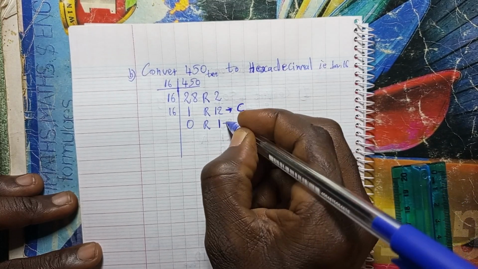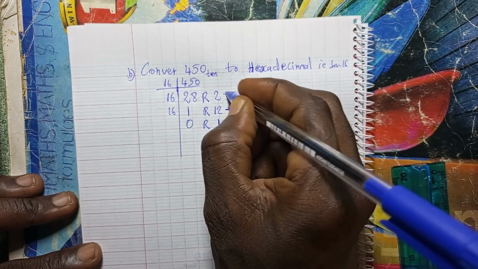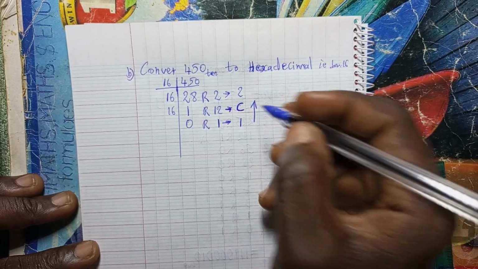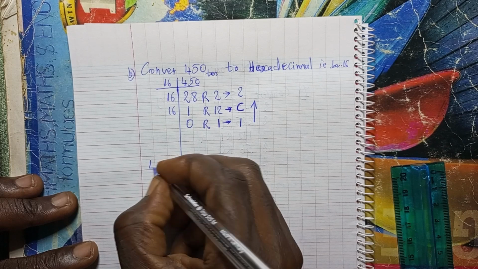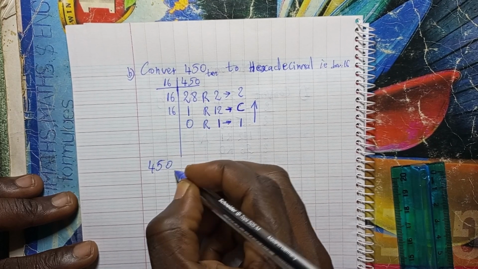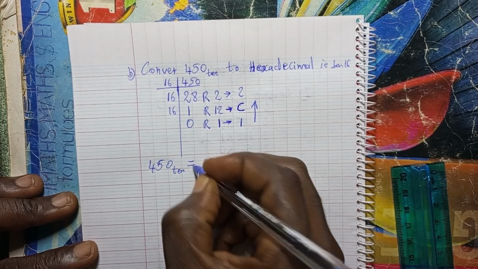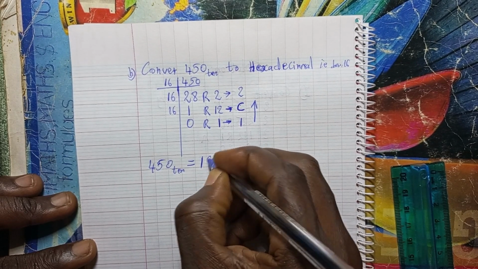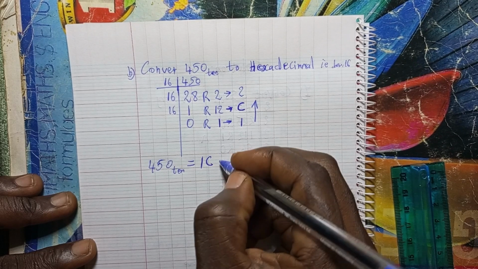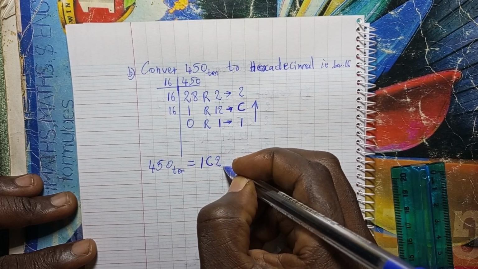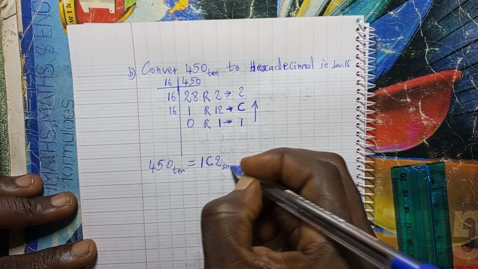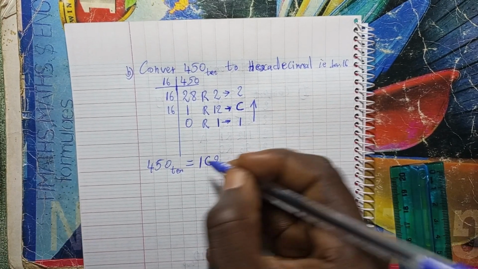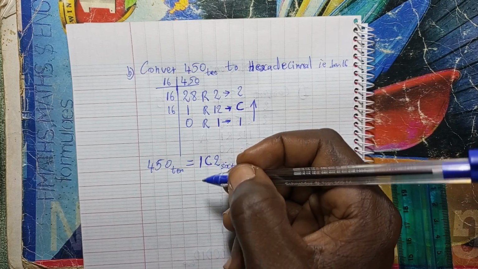So now we have 1, and then here is 2. Taking this answer upward this way, we have 450 base 10 is equal to 1C2 base 16. So that is the answer to number 1B.